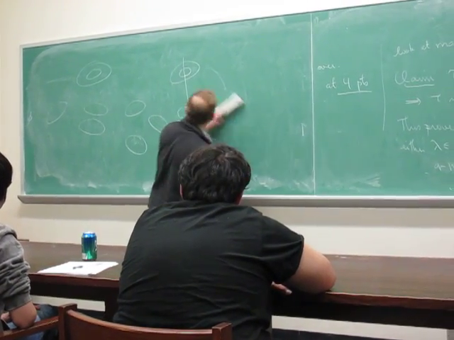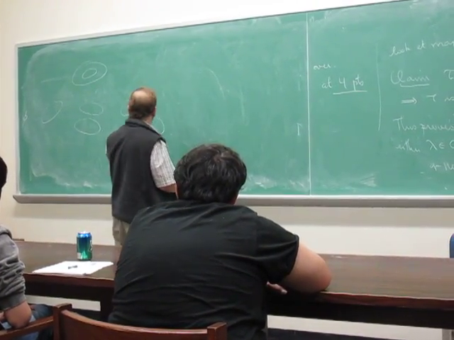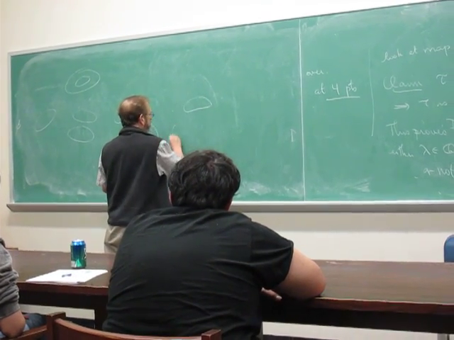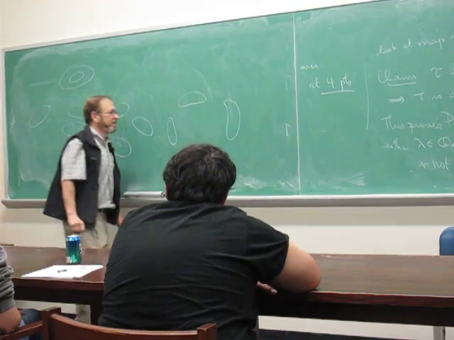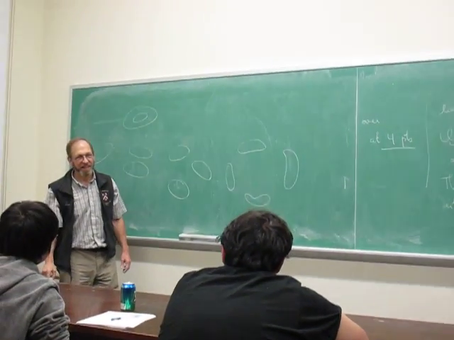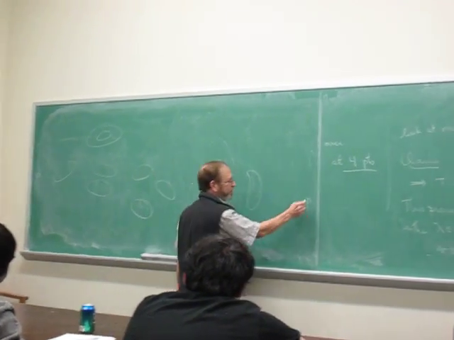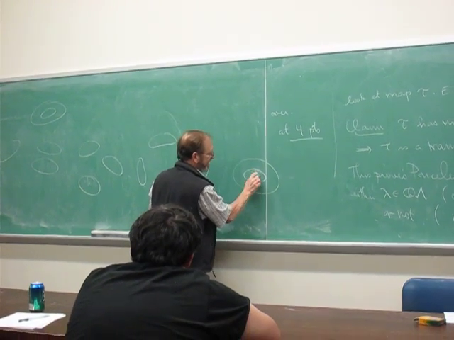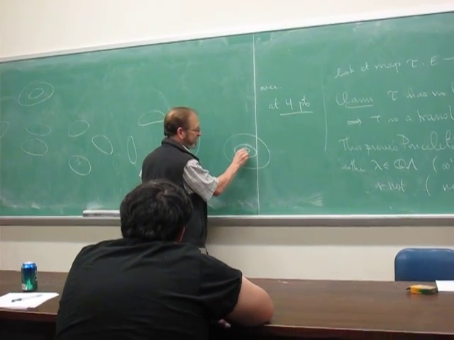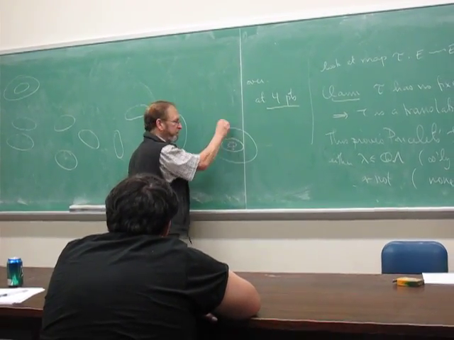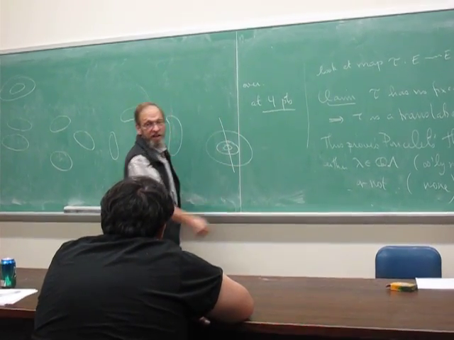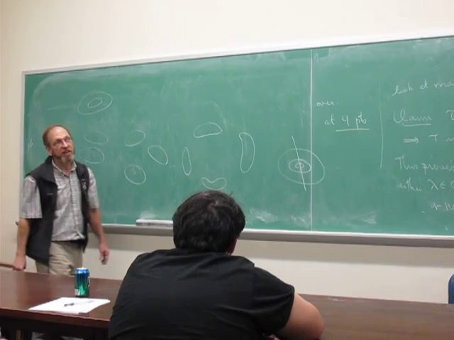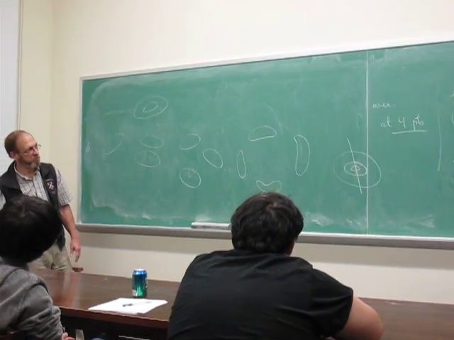So in the case of degree 4, I guess I really should draw a picture of the 4 connected component case. What about 3 nested? 3 nested have the same problem. If you had 3 nested, you could take any line through any point on the innermost oval, and it would necessarily have to cross each of the outer 2 ovals twice. So again, you'd have a line with 6 points of intersection.